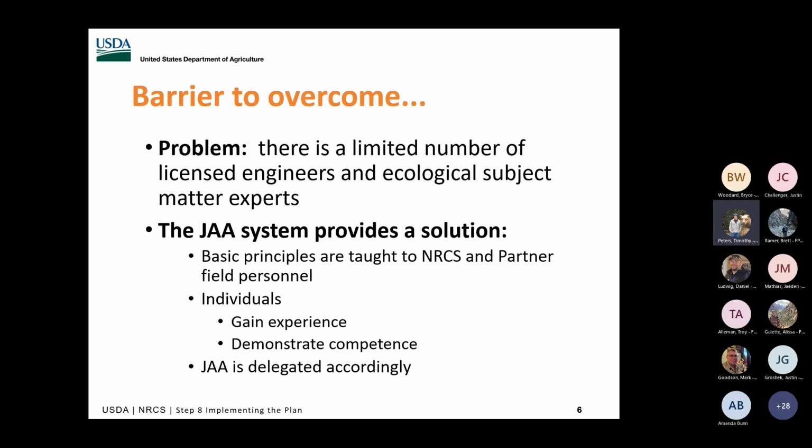And then I, as state engineer, am able to delegate engineering job approval authority to the area engineers, who can then delegate to the staff underneath of them. The state engineer is required to be a professional engineer. So in essence, people doing work under job approval through NRCS in Pennsylvania are meeting the requirements that I need to meet for being a professional engineer. So they sort of are working under my license.